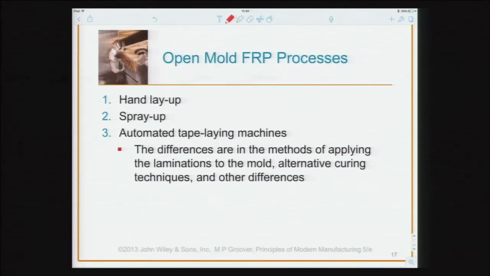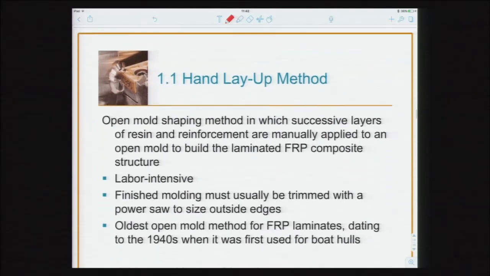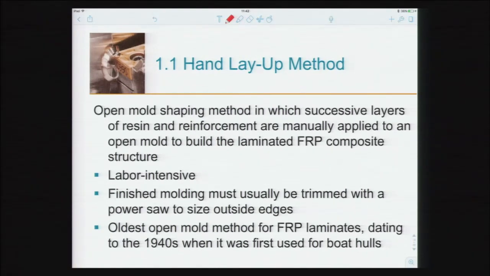All right, so you know the general description of open mold processes. Let's see the details. Open mold FRP processes include first hand layup, spray up, and automated tape laying machines. So there are three sub-processes in this category, open mold processes. Let's start with the first sub-process.